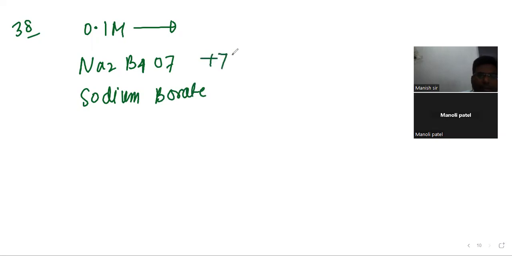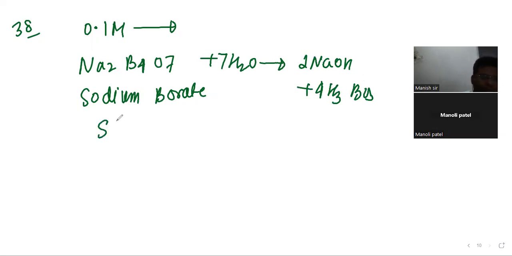When it reacts with water, 7H2O, it forms 2NaOH plus 4H3BO3, right? So this is a strong base and this is a weak acid. Now see the next one, that is calcium nitrate.